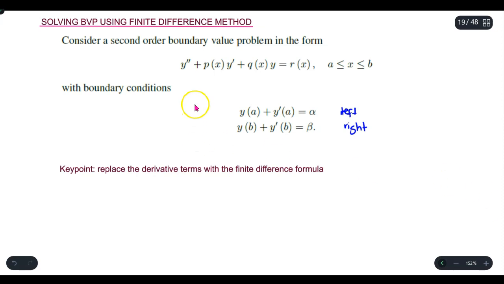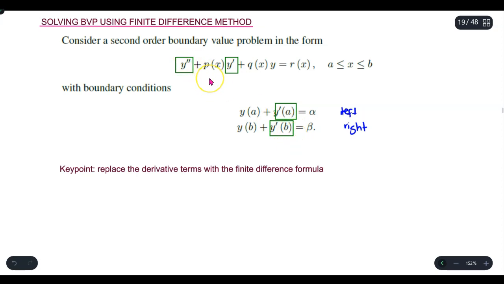So in this BVP here, you can see this is the derivative term, y double prime, and then you have y prime, and you also can see the derivative in the boundary condition. So you have y prime a and y prime b.